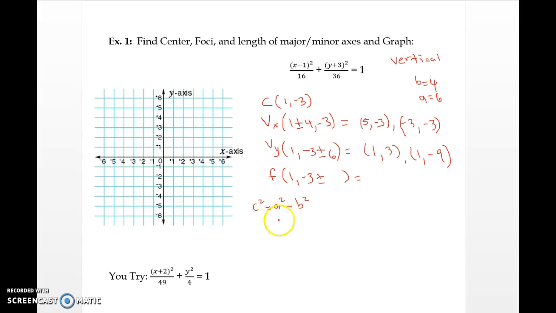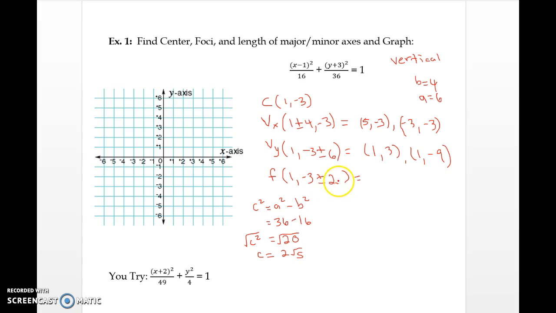And A squared is 36. And B squared is 16. These are given in the problem. So C squared equals 20. And then I want to find c, so I'm going to square root both sides, and keeping it in radical form, c will equal 2 root 5.